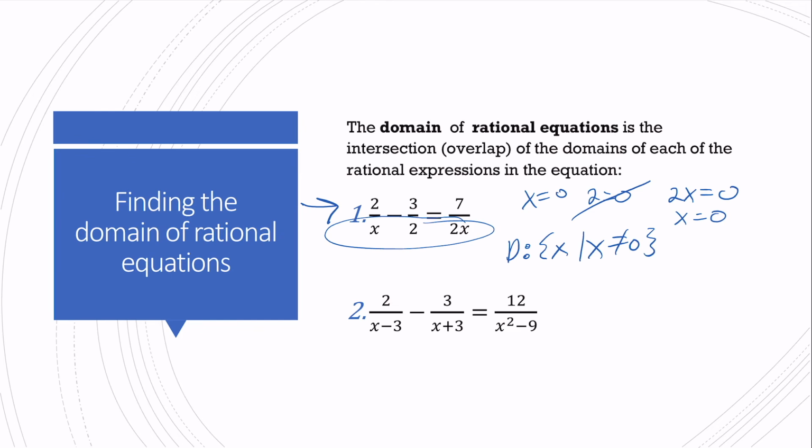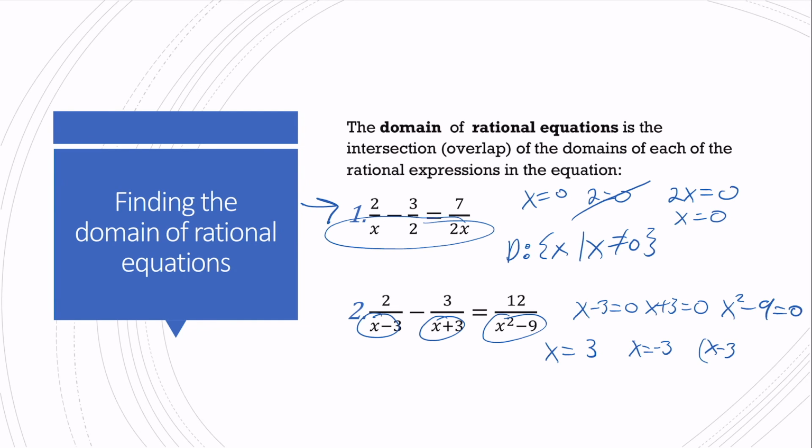For problem 2, I need to set each of my denominators equal to 0. I've got x minus 3 is 0, x plus 3 is 0, x squared minus 9 is 0. So I find that x is 3, x is negative 3. I could then factor, right?